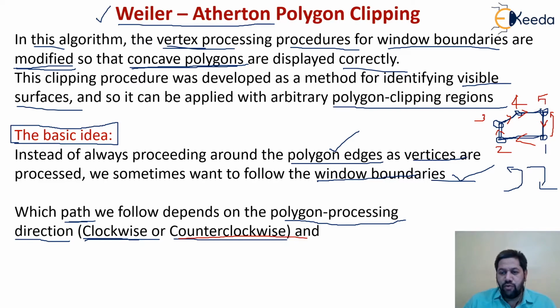In the clockwise direction method, I will move from 1 to 2, 2 to 3, 3 to 4, 4 to 5. But if I'm having the counterclockwise direction, then how am I moving? I will move from 1 to 5. My processing of vertices will be from 1 to 5, 5 to 4, 4 to 3, 3 to 2, 2 to 1, and so on.